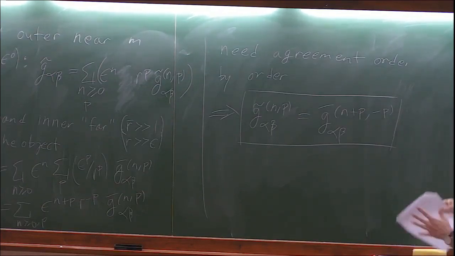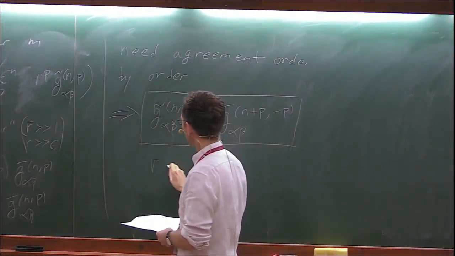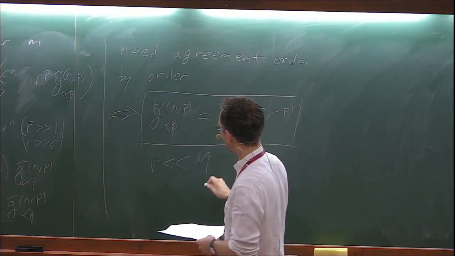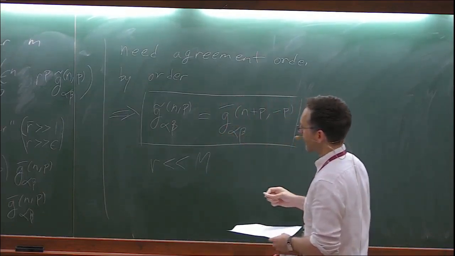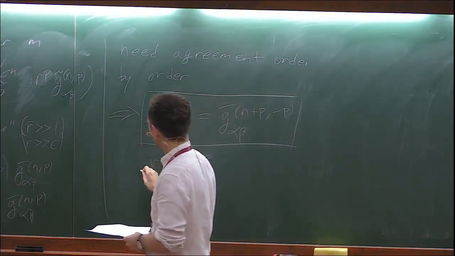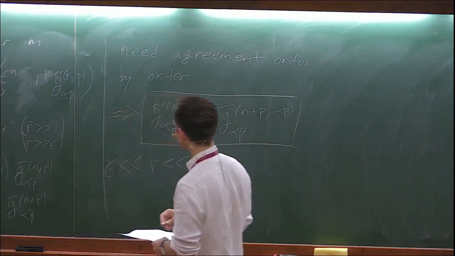Now, thinking more physically, what do these two expansions mean? What they mean is you're looking at a region where r is small, much, much less than, say, capital M or epsilon to the 0. We stick with epsilon to the 0. But it's much bigger than epsilon.